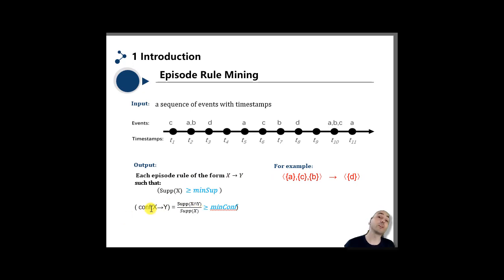The confidence of X implies Y is how many times we have X followed by Y divided by how many times we have X. For example, the rule ACB implies D appears here between time 5 and 8.